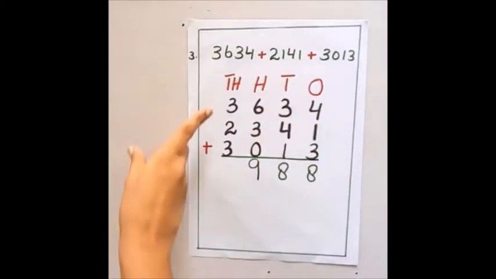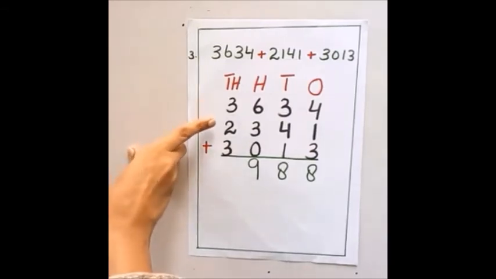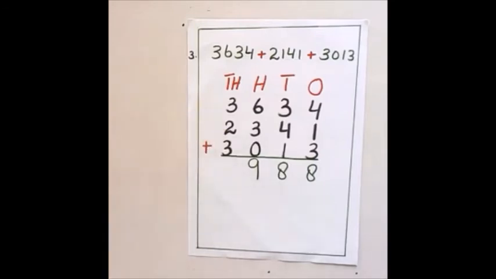Then there is 3, 2 and 3 under the 1000 place. So 3 plus 3 plus 2 gives me 8, not 9.